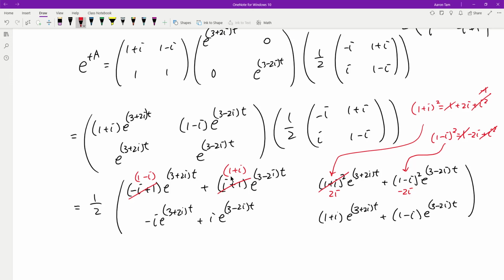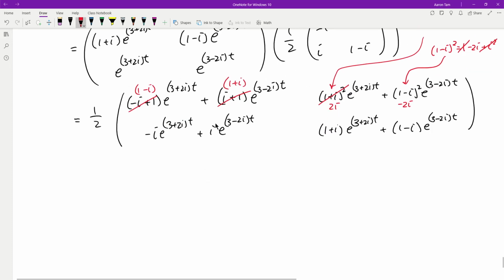So now what I need to do is try to clean up all of these complex exponentials. So let's see what we can do. So that equals 1/2. And I noticed that they all have e to the 3 plus 2i or e to the 3 minus 2i, which means when I write in complex exponential, they all have e to the 3t. So I'm going to pull that out from all of them, so I don't have to keep writing them. After all, mathematicians hate to write.